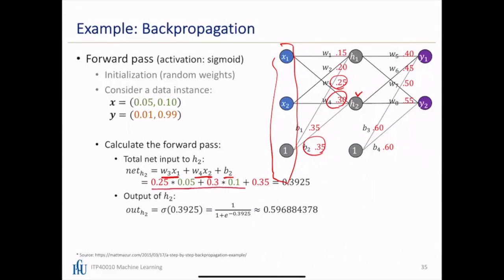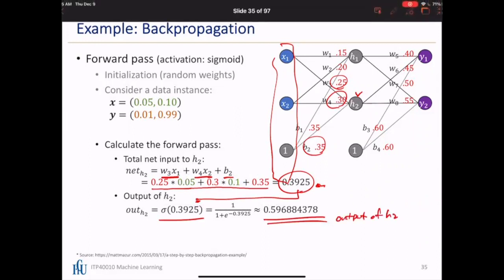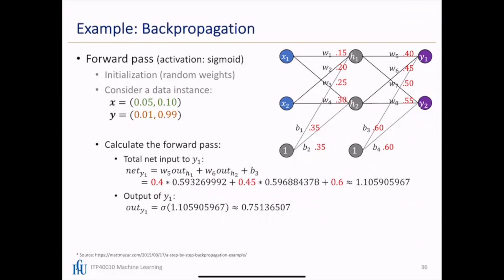By doing simple algebra, you can get the net input value to H2. You plug this net input into the sigmoid function, and this is the outcome from H2. So we have the value. The signal comes out from here, and we have one additional bias term. And then we are going to move on.